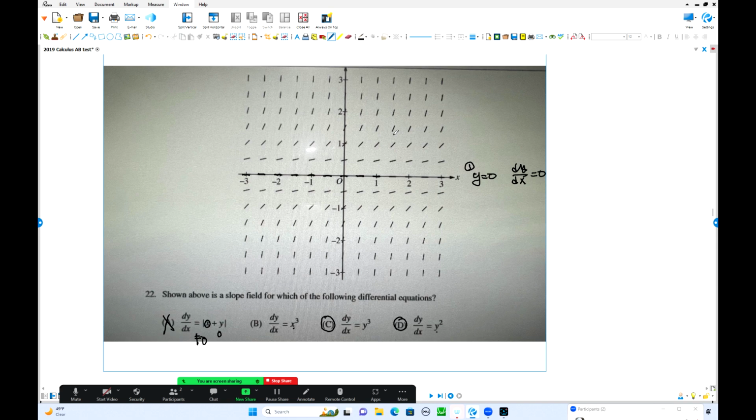Now check out the next one. We're going to check over here some positive number. When x is 1, y is 1, right? When x is 1, y is 1. dy dx is positive, isn't it? This slope is a positive slope. Yeah, both will be positive, it's okay. Now take out the next one over here.